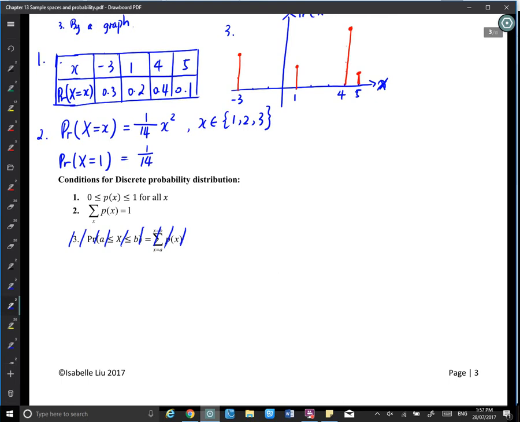There are quite a few questions in VCA that ask you to show this is a probability distribution. So first, I need to show all the probabilities are in between 0 to 1. You can't have a probability greater than 1 or negative. Second, you need to add all the probabilities up and say that's 1, because the probability of the whole sample set will be 1. So you need to add them to show it's 1.